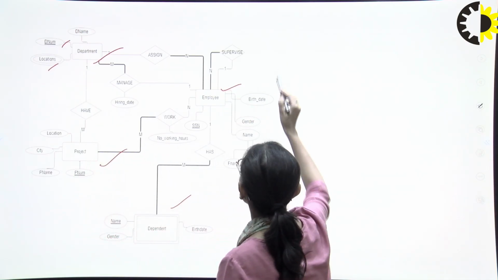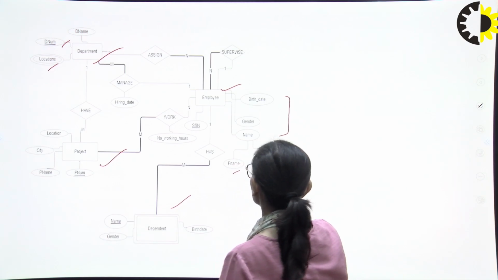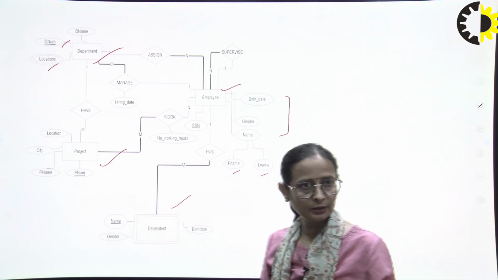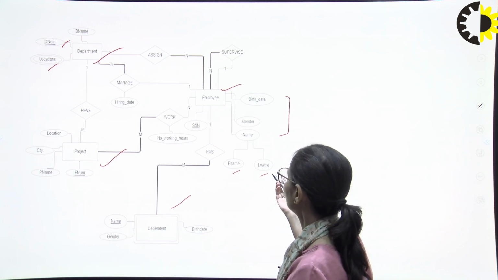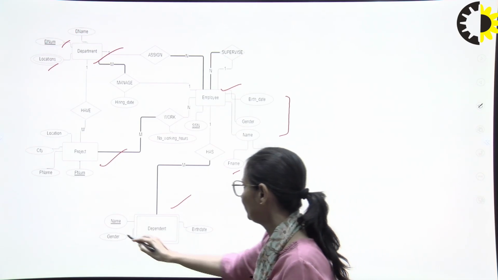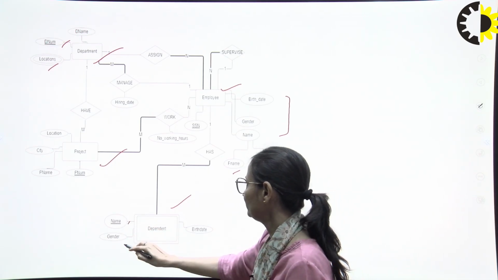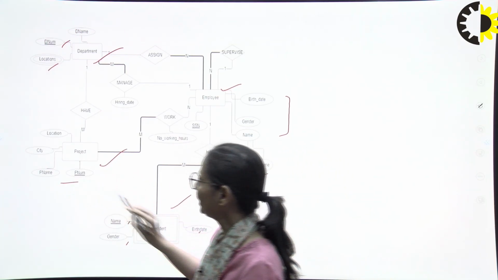And for employee, these are the attributes. Name is further divided into F name and L name. The composite attribute is here. It represents the composite attribute. In the case of the dependent, we have name, gender, and birth date. In the case of my project, these are my attributes.